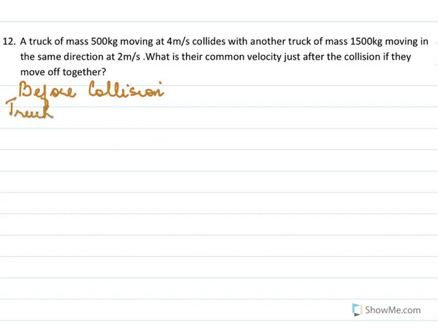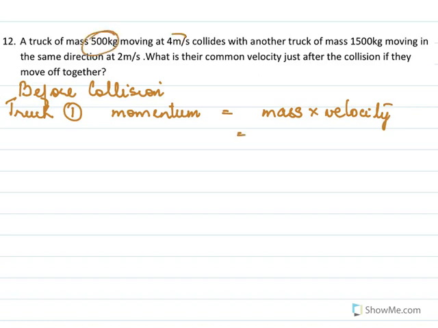So for truck 1, the momentum before collision equal to mass into velocity. So we know the mass is 500, the velocity is 4. So this is 500 into 4, and this would be 2000 kg meter per second.